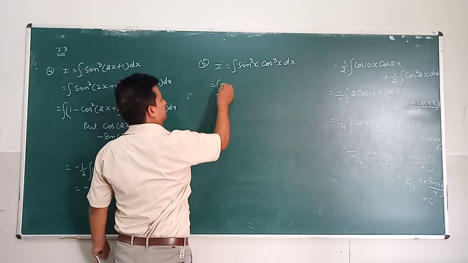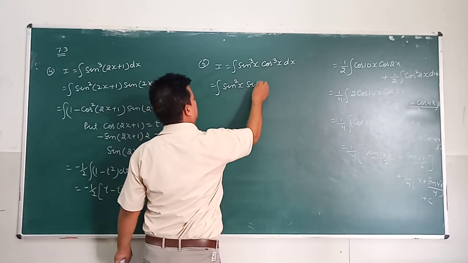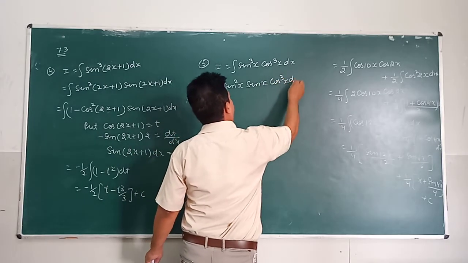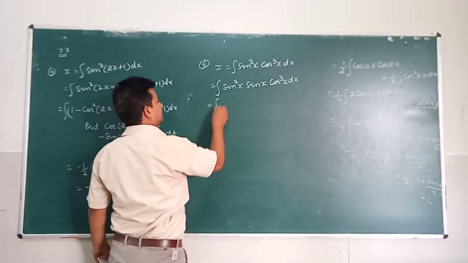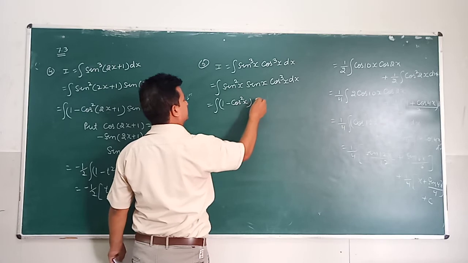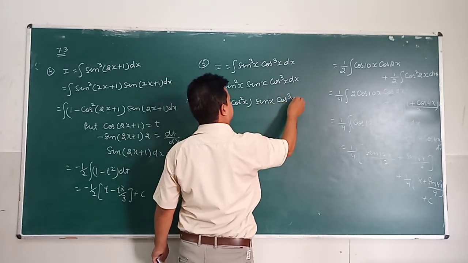In this question, first we write it as sine square x into sine x into cos cube x. We write this sine square x as 1 minus cos square x, sine x into cos cube x.